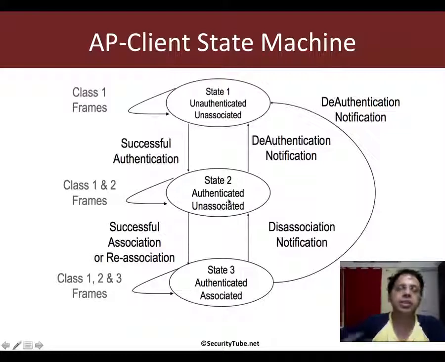We'll come to what a disassociation packet is in later videos. And from state 2, if we receive a deauthentication notification, which means authentication is chopped off, then we go back to state 1. There is one possibility that from state 3, if any party receives a deauthentication packet, then immediately we go back to state 1, right? So this is how the state machine for Wi-Fi works. Keep this in mind.